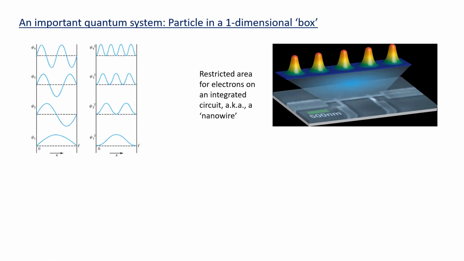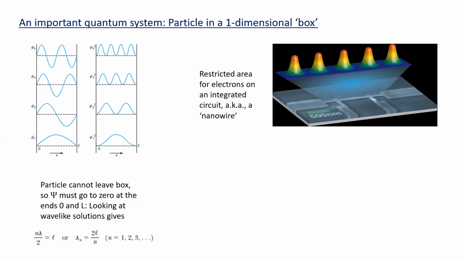So analyzing this on our first pass, we can take this nanowire from one end to the other and represent it along a variable x that goes from 0 to L. And the particle, in this case an electron, but whatever particle it is, can't leave this area, which we're calling a box.